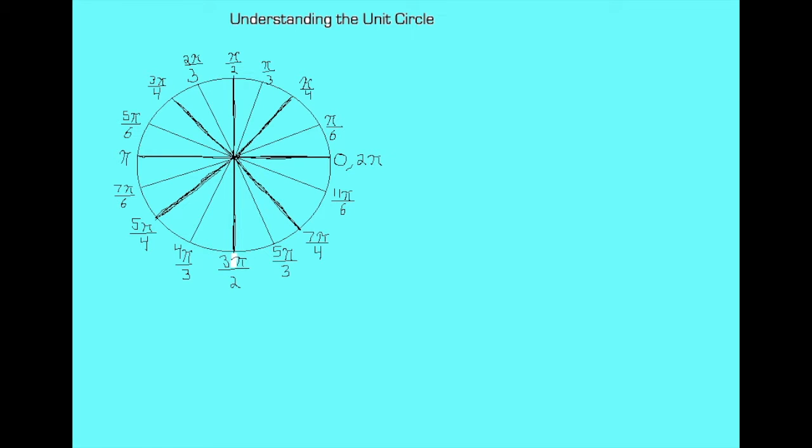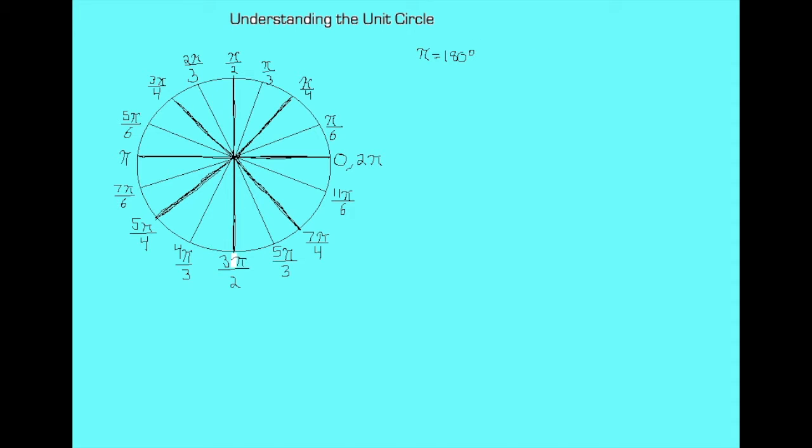Now, what does pi over 6, pi over 4, pi over 3, and so on and so forth mean? These are radians. So how do we convert them to degrees? One very important thing to know is that pi equals 180 degrees.